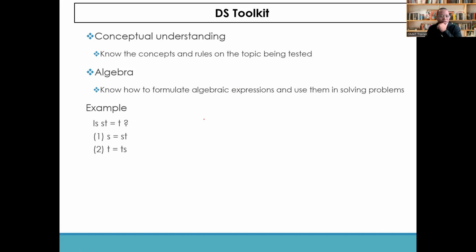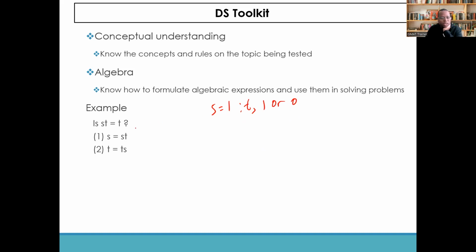If there were only numbers in this case, then for ST to be equal to T, S has to be equal to 1, and then T can be equal to either 1 or 0. Either of those two.